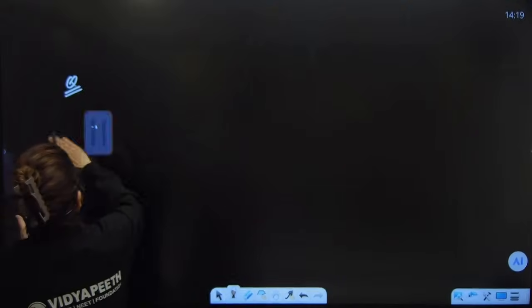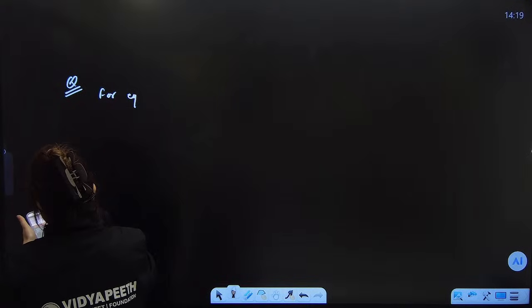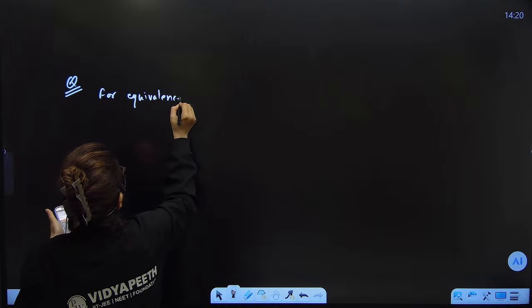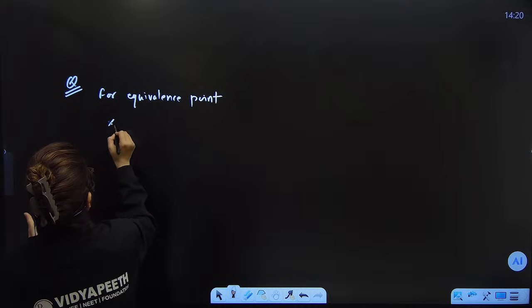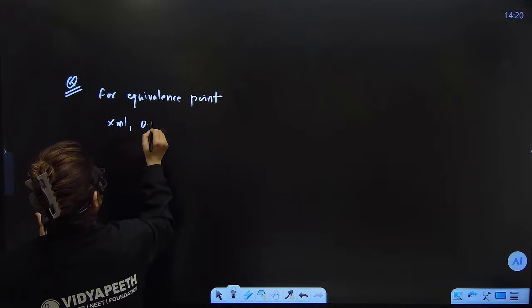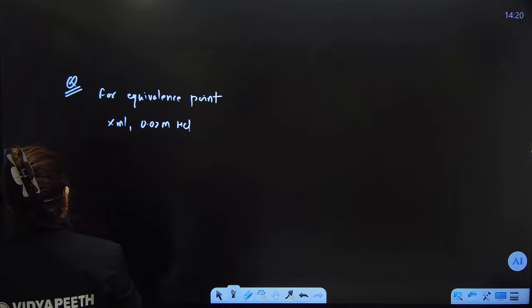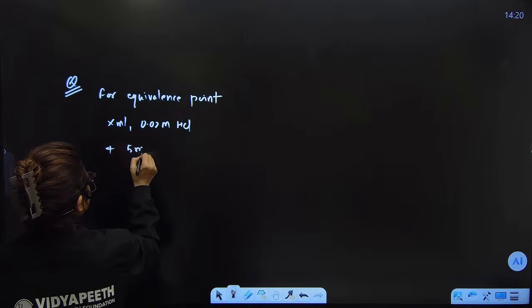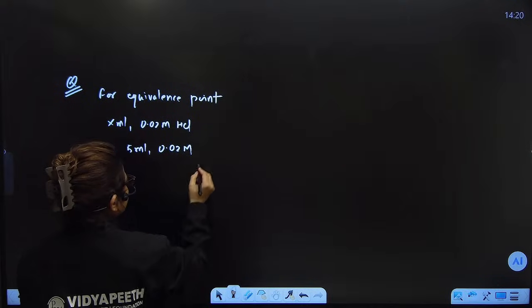The question says, for the equivalence point, you are treating X ml of 0.02 M HCl with 5 ml of 0.02 M weak base.